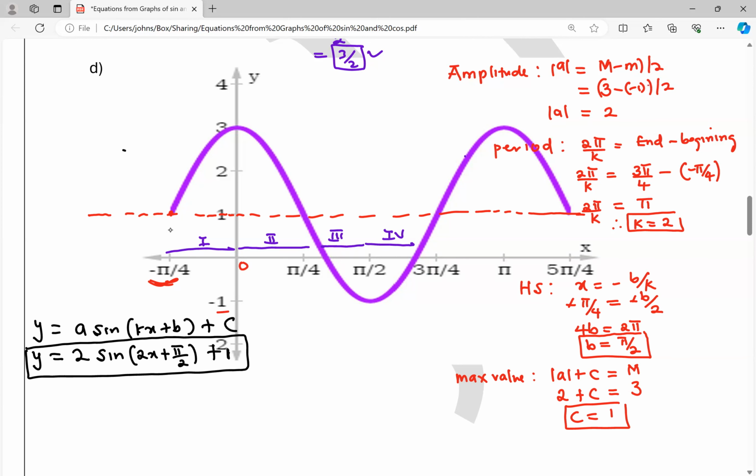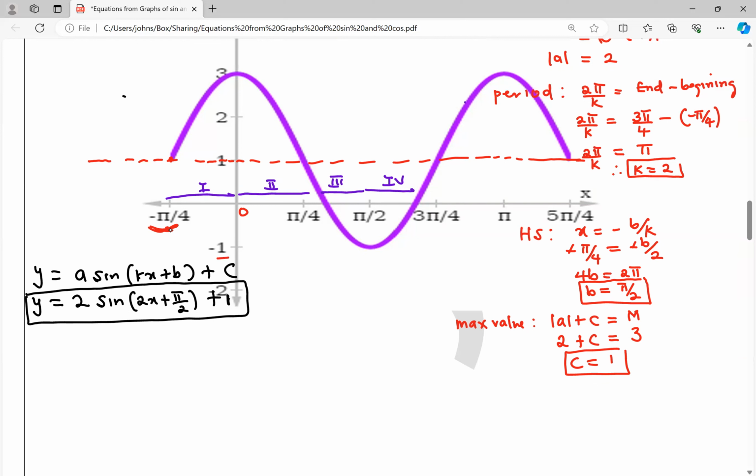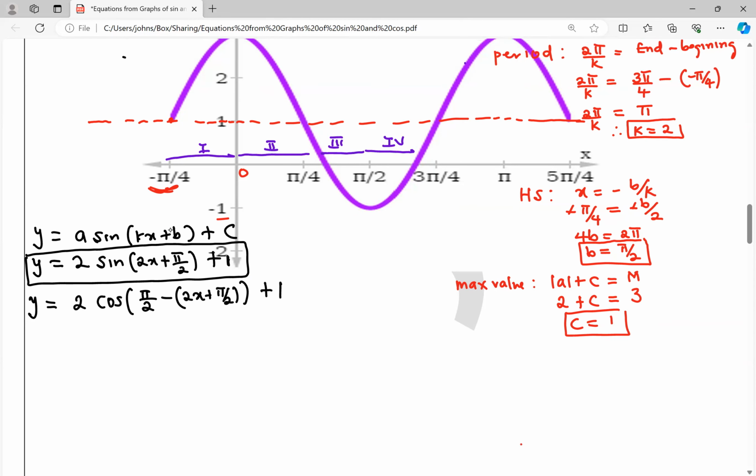And then, as usual, we can convert it. There are other ways, but we're doing only one way here, which is using the co-function identity. So you have pi over 2, which is 90, minus brackets, here you have 2x plus pi over 2. Then you still have plus 1. The plus 1 is a vertical shift, so it has nothing to do with the co-function identity. So you just add plus 1 here.